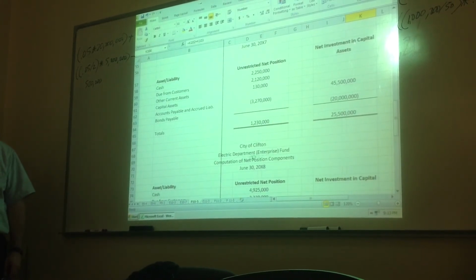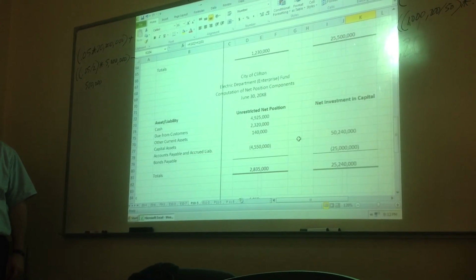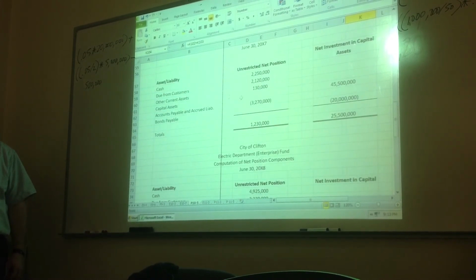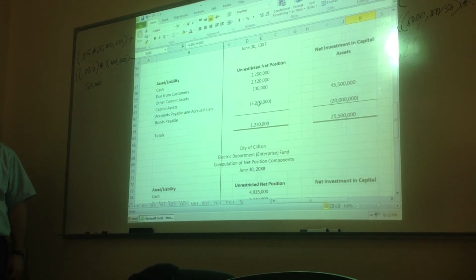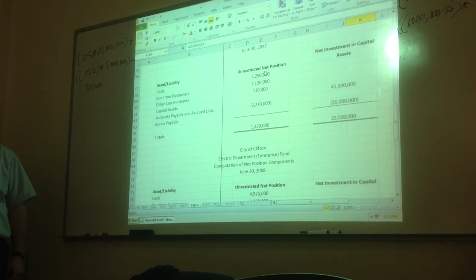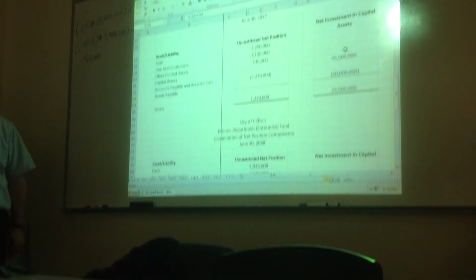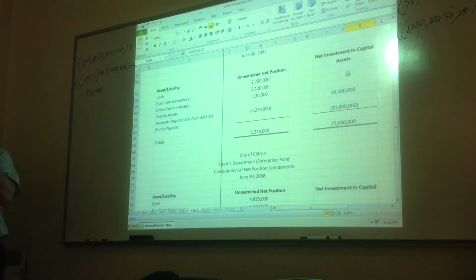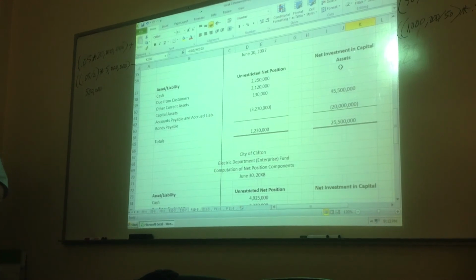And it's just the liabilities, unrestricted. You have assets and liabilities, and you have to figure out which goes into unrestricted net position and which goes into net investment in capital assets.